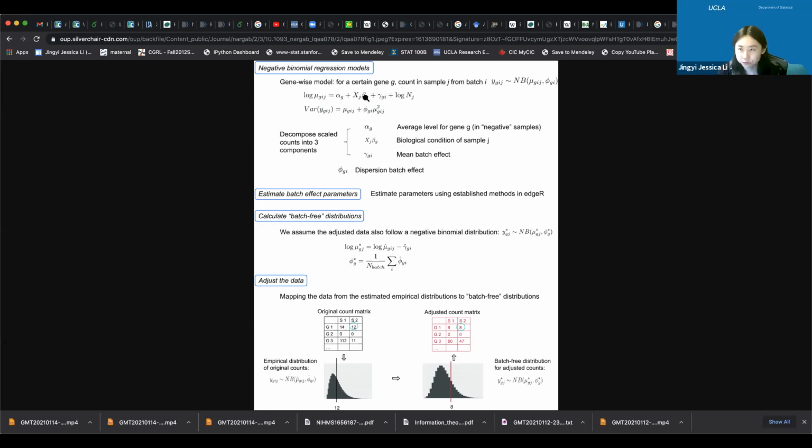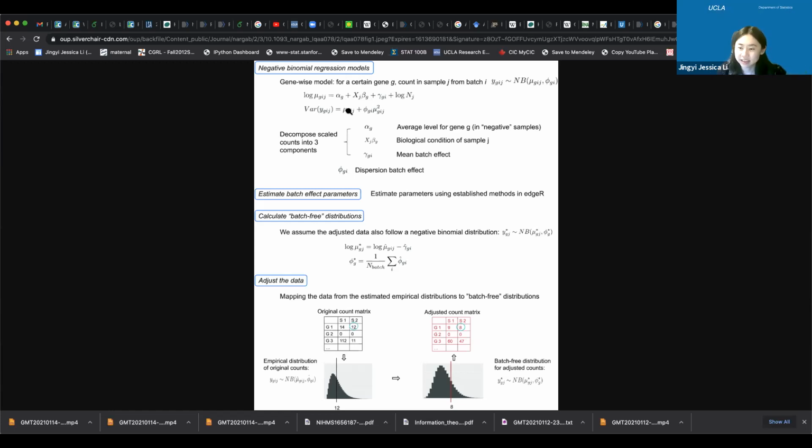That means different genes' parameters, let's say for the same intercept, alpha G across genes, they will follow a same prior. And by doing that, if you use empirical Bayes to estimate the prior parameters, you are essentially pooling gene information for the estimation. So this gene G's estimation will also be dependent on other genes. So I hope this makes a little sense to you for now.